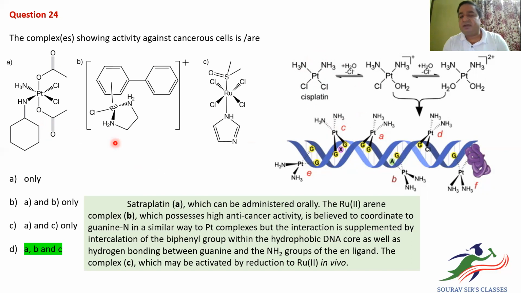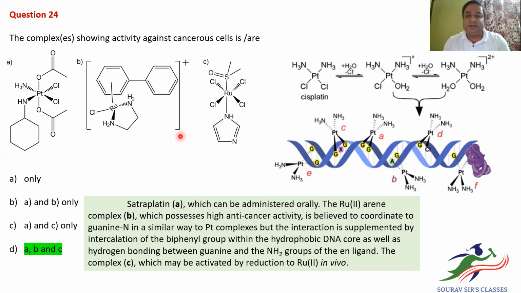But some modified drugs are now being used, such as this one and this one. Let's understand how these drugs function. We have understood how cisplatin functions. Now, the ruthenium has an arene part over here, as you can see.